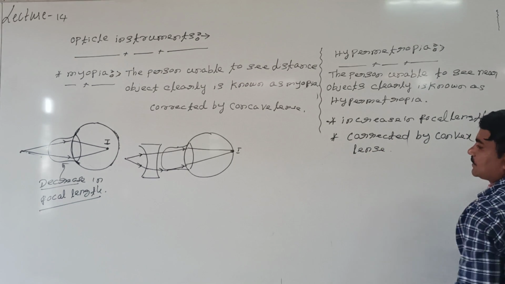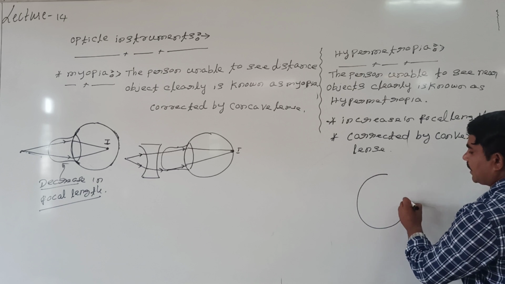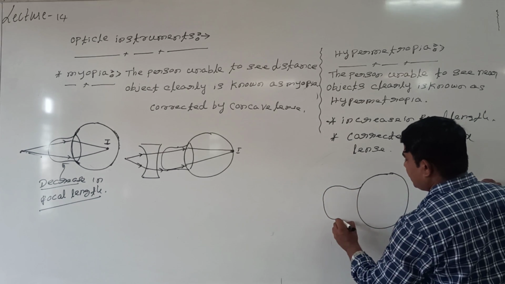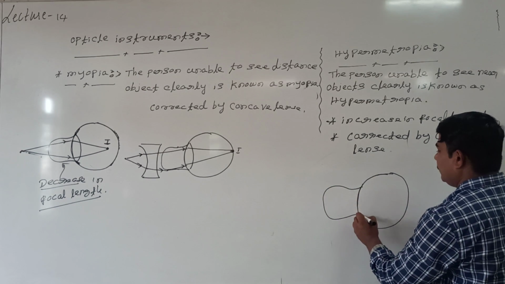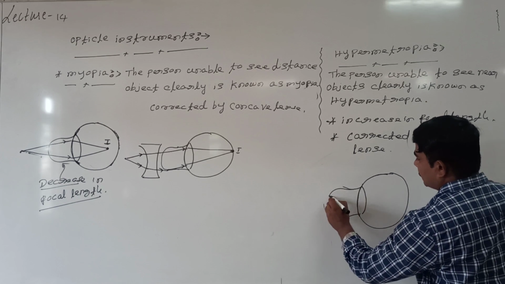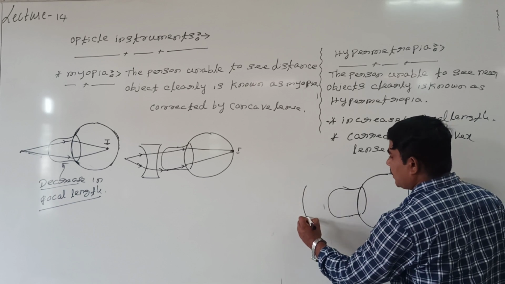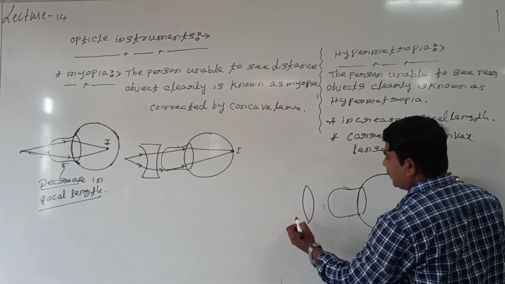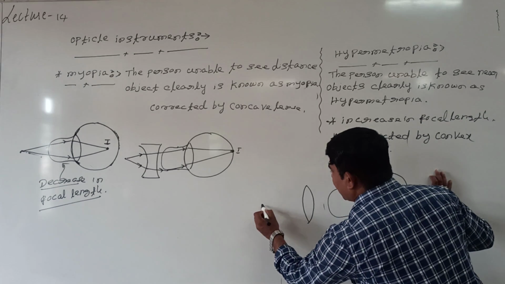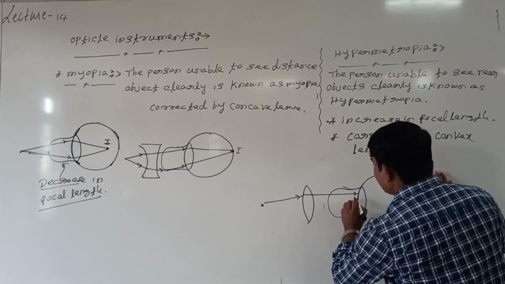See here, again you can take, this is the structure of the human eye. This part I can call cornea, right? This is the eyeball, right or wrong? What do we have to use? In front of the eye, if we use the convex lens of suitable focal length, now consider the ray of light incident on the lens and it converges.